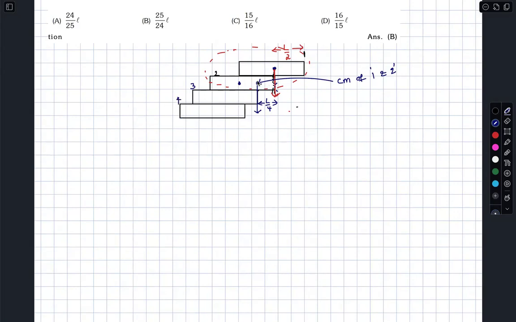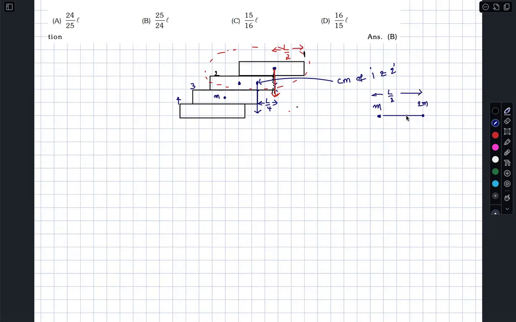Now remember the center of mass. Forget about all the rest. Place one single 2m mass here, and you again have m mass over here. This is a 2m mass and this is an m mass, separated by a distance L by 2.